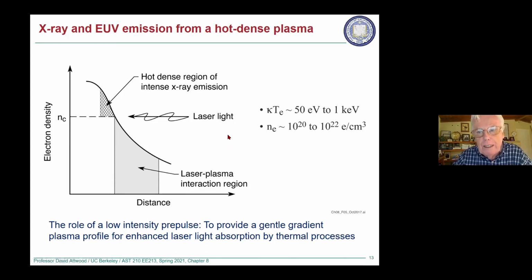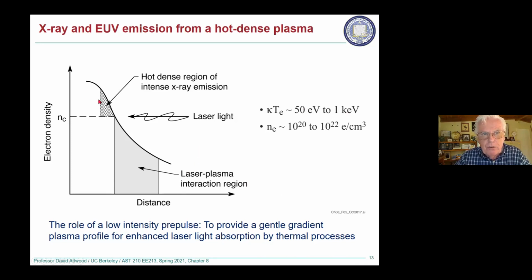For neodymium at 1 micron, the critical electron density is 10 to the 11th electrons per centimeter squared. For the tripled light, it goes up as lambda squared, and it'll be almost 10 to the 22, so it'll be up much higher, okay? And these are some electron temperatures that you would have. These would be the sort of background electron temperatures. There could still be some hot component, okay?